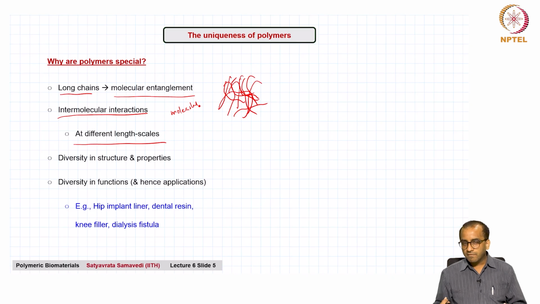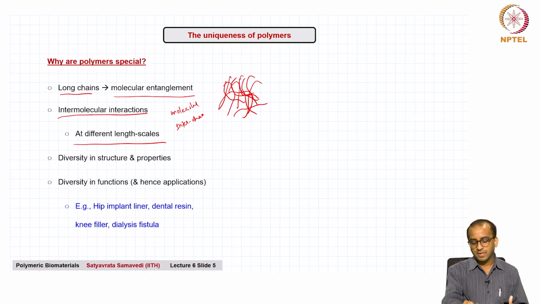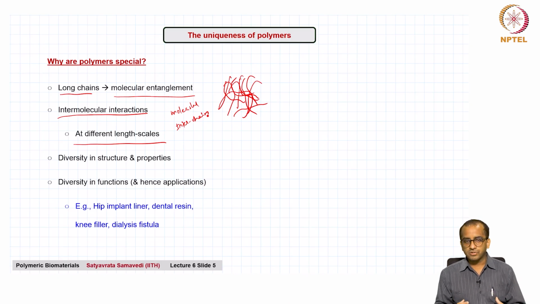And then you can have interchain interactions, where two different chains can now interact based on what the chemistry is, using what are called secondary interactions. So, these can involve non-covalent interactions sometimes, like hydrogen bonding or van der Waals forces and so on, through which chains within the polymeric system can interact.